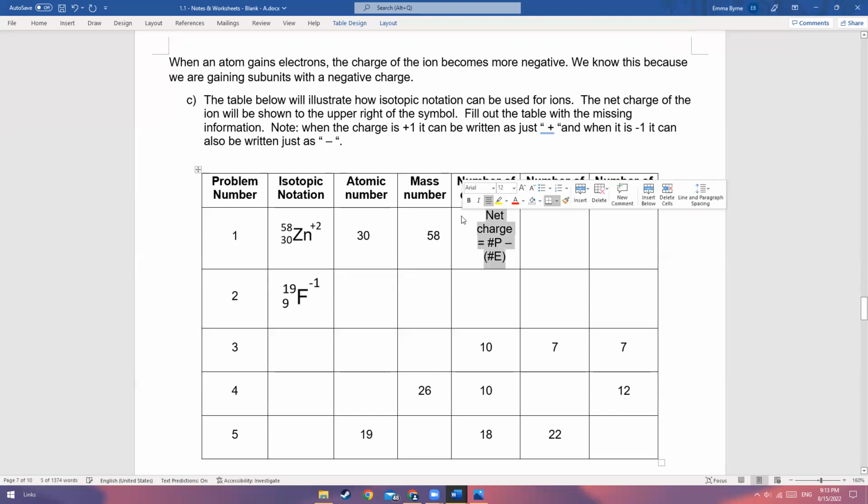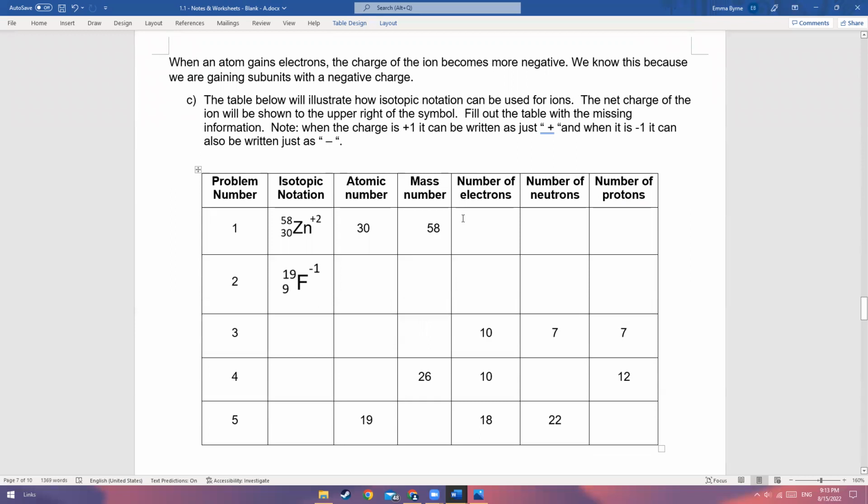So if this was a charge of 0, we would have 30 electrons, right? However, the net charge is +2. So we could probably, in that case, only have 28 electrons, right? Because if you are losing electrons, you're becoming more positive. So you're losing 2 electrons, and that's what results in this +2 charge.